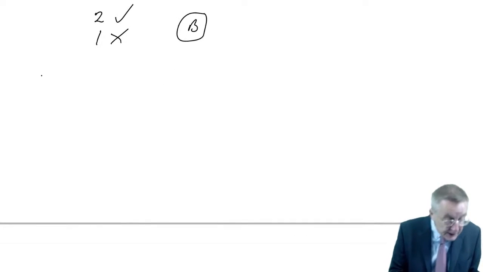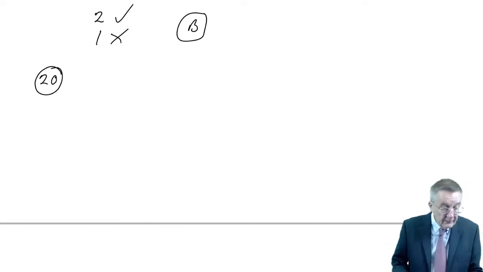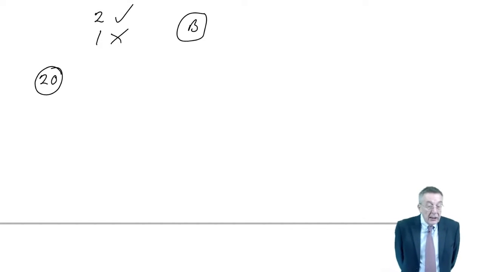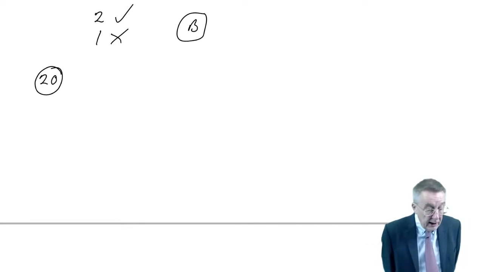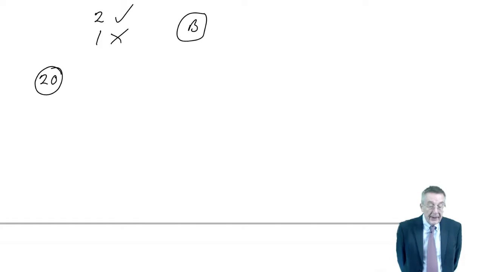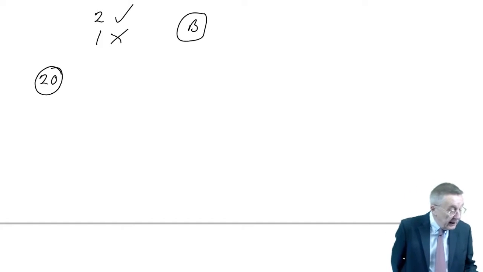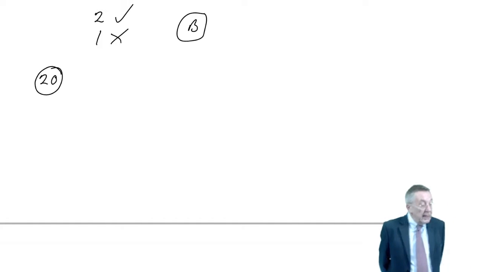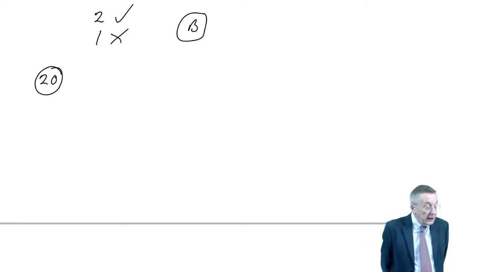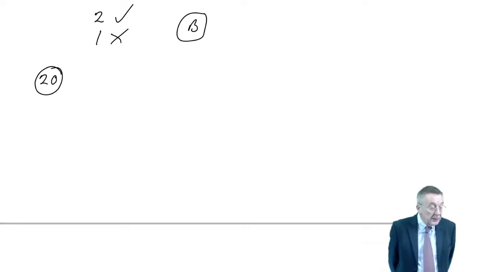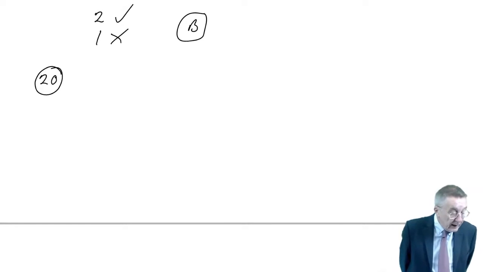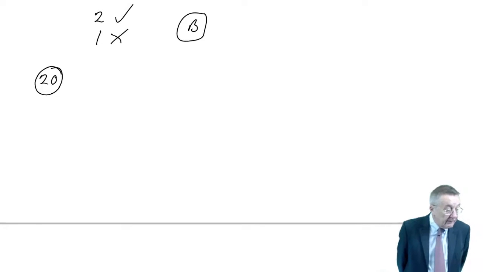Finally, what about 20? As regards the interest rate risk faced by Herd, which of the following statements is correct? And what risk is there? It was that second paragraph of the scenario. We've got in issue loan notes, redeemable in 10 years' time.